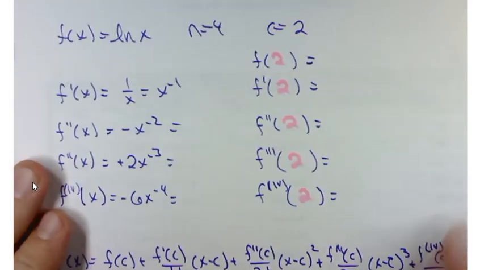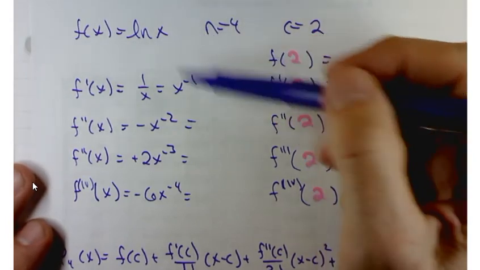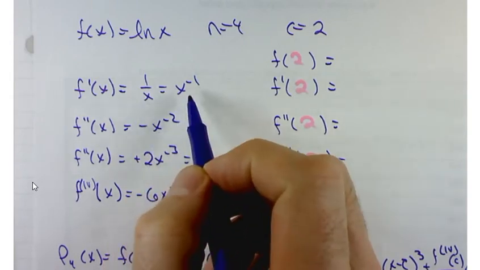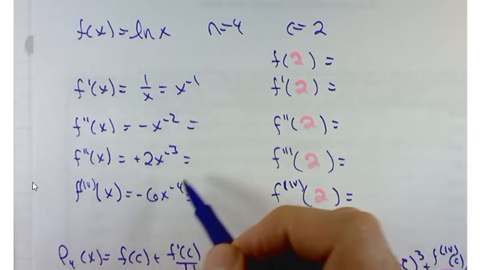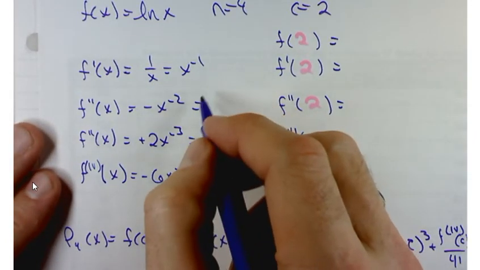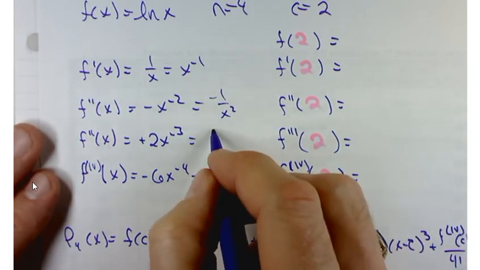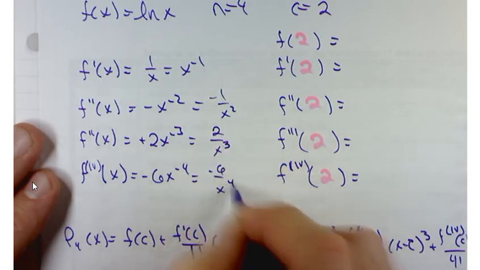Okay, so our succession of derivatives looks like this. The derivative of log is x to the negative first, or 1 over x. I'd write that as x to the negative first, and then it becomes easier to do your derivatives. After you get your derivatives, it might be in your best interest here, Andrew, to rewrite that as 1 over x squared, or 2 over x cubed, or negative 6 over x to the fourth.